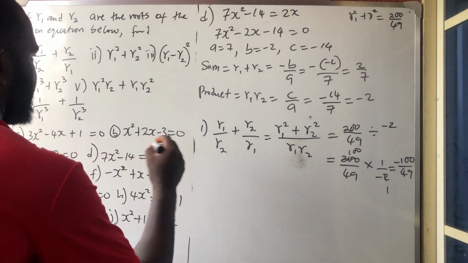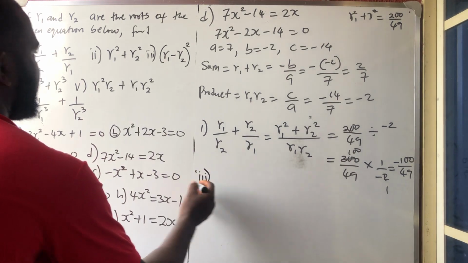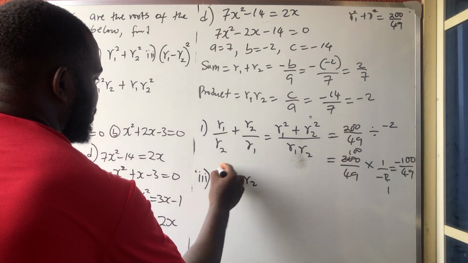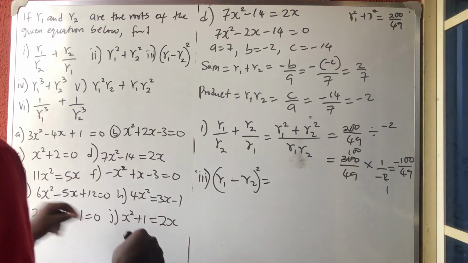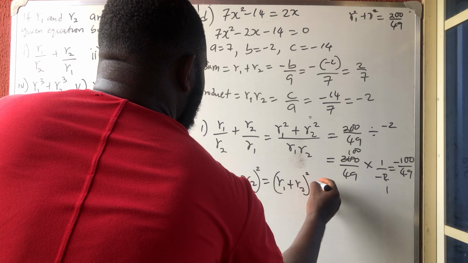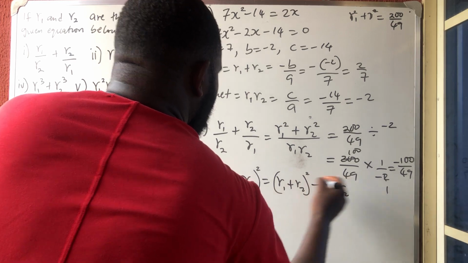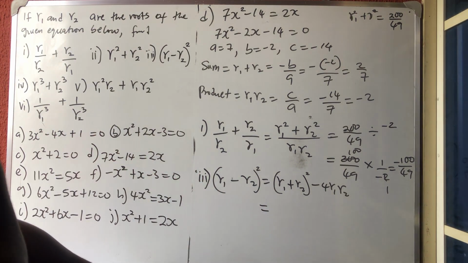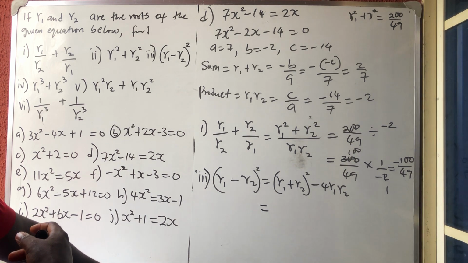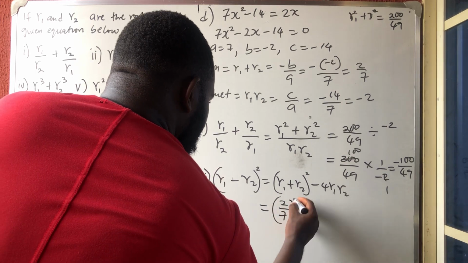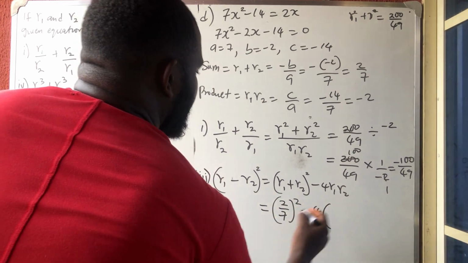Okay, so the next one is III, because I've solved I. III said R1 minus R2 all squared, which is the same thing as saying R1 plus R2 all squared minus 4 R1 R2. Okay, so which is same thing as saying R1 plus R2 gave me 2 over 7. So 2 over 7 all squared minus 4 into minus 2.